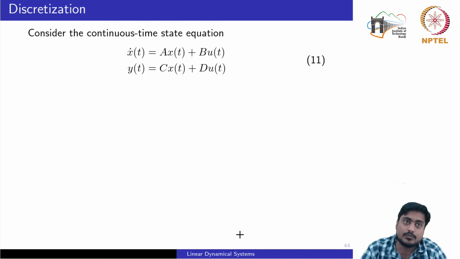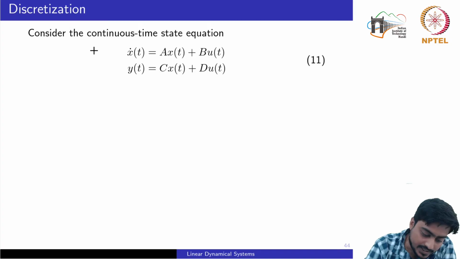So the first approach is either we discretize the continuous time system or we directly use the discrete time system. Given a continuous time system, first we will see how we can discretize it.